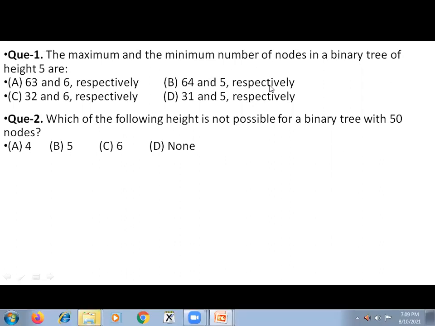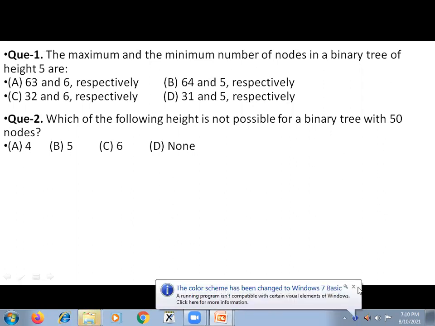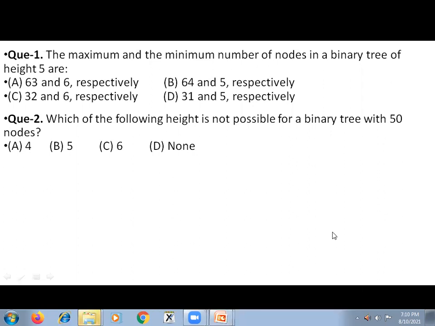Just type question 2, A, B, C. In that way you give your answer so that I can know whether it is for question 1 or question 2. Yes, I got C from Nirupama. 2C. Kavya also did C.